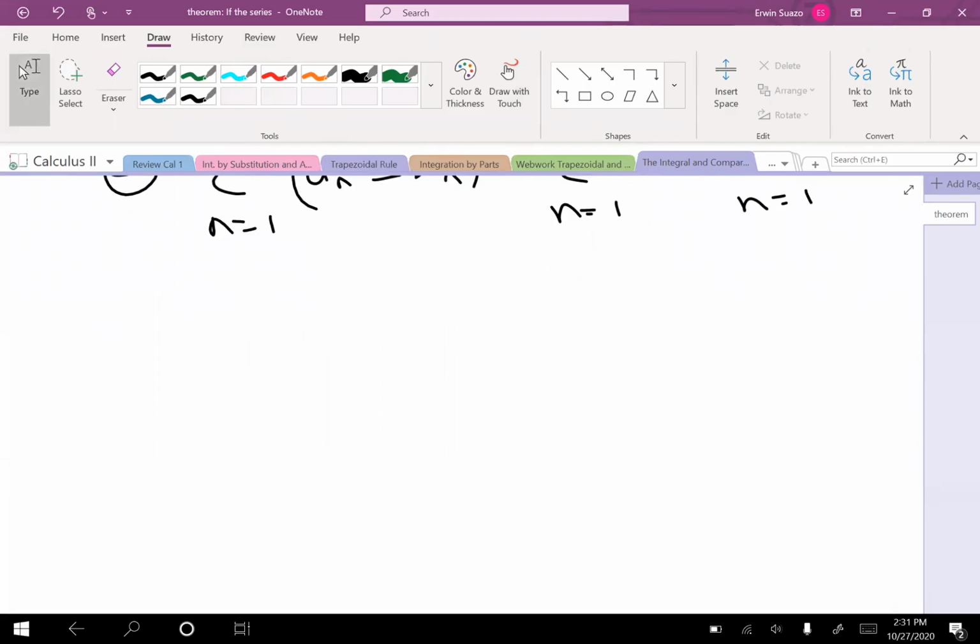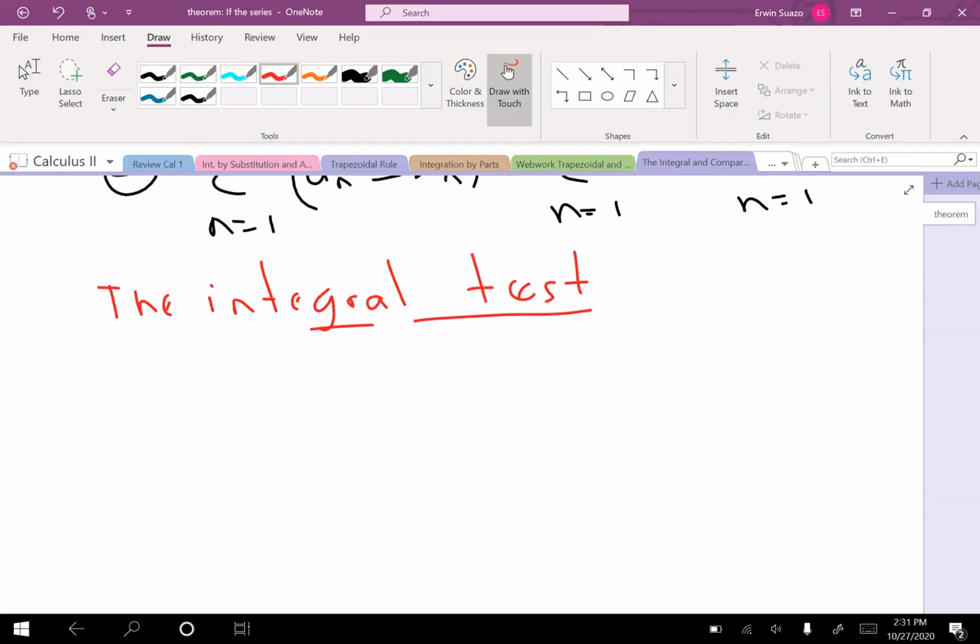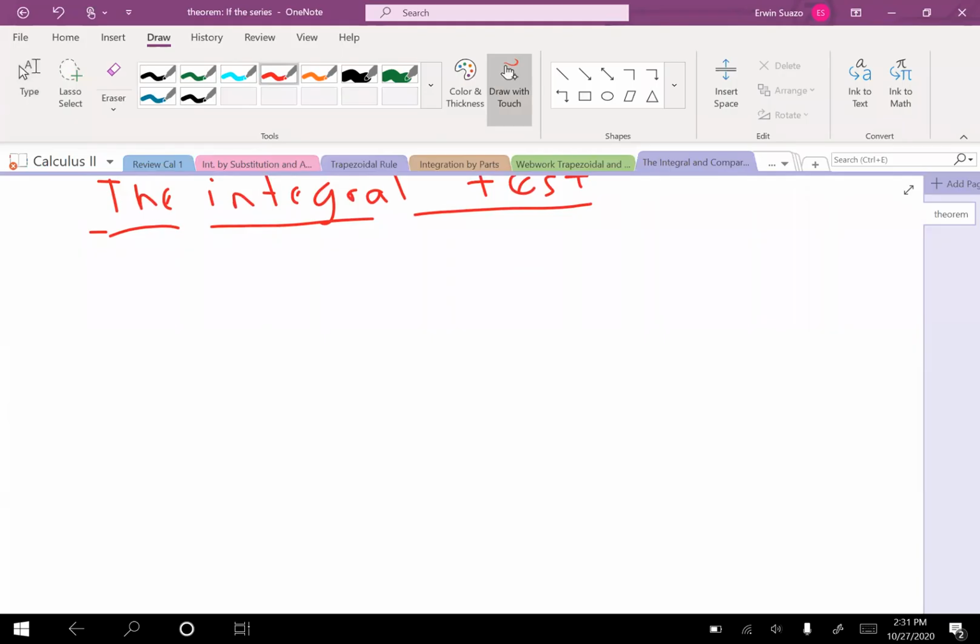But this is what is next, a very important one. This is probably our best tool, the integral test. The classical example of an integral test is the following, because it breaks your intuition.